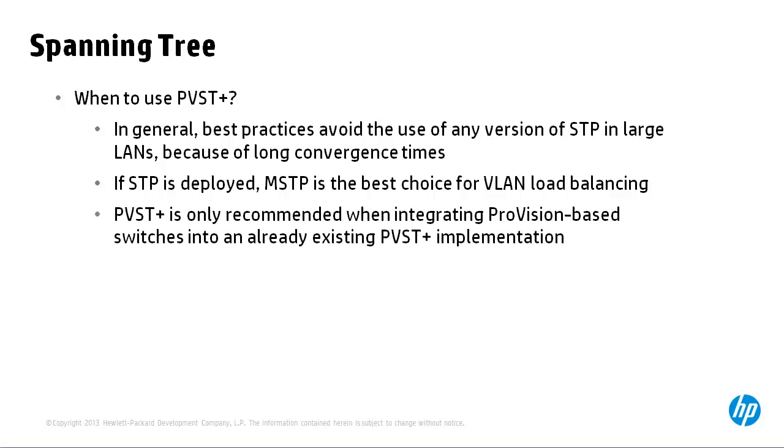PVST is thus only recommended when integrating ProVision-based switches into an already existing PVST implementation. If you have a Cisco environment running PVST or rapid PVST and need to integrate HP switches into that environment, then PVST would be a good choice.